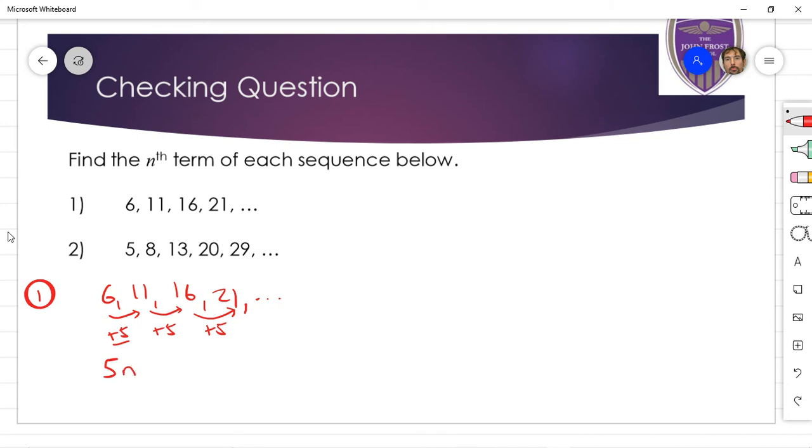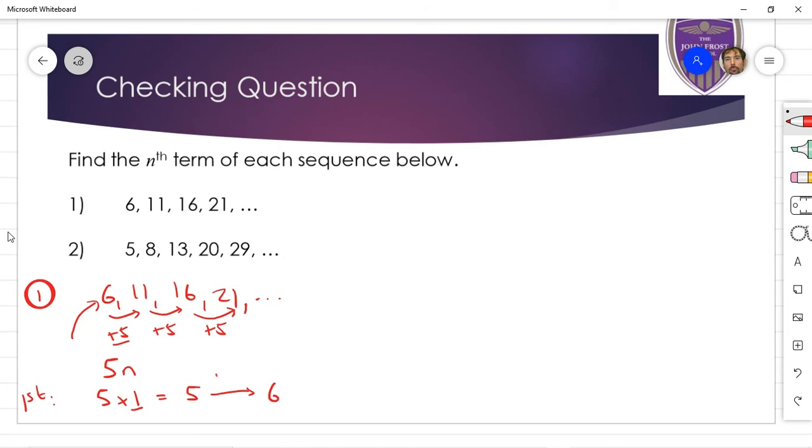And then if you want to get the rest of it, think about the first term. To get the first term, remember, you would do 5 times 1 for 5n, but that gives you 5. I don't want 5. I want 6. So I'm just thinking, how do I get the 6 from 5?